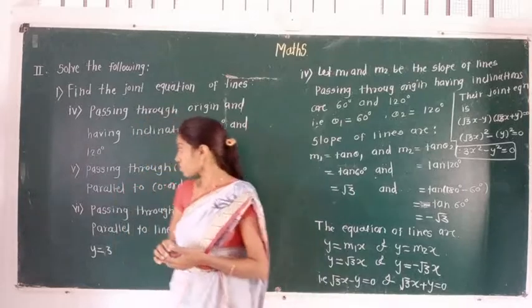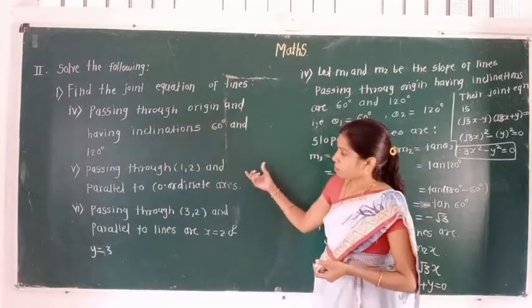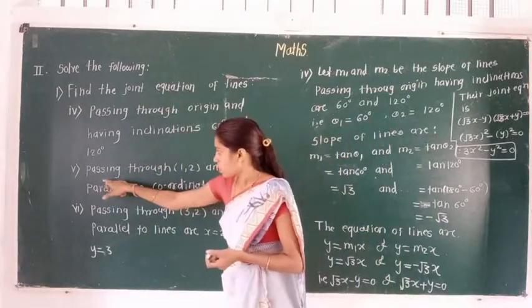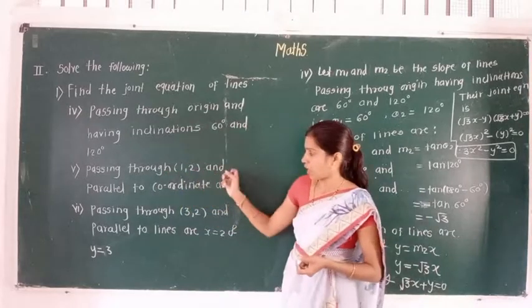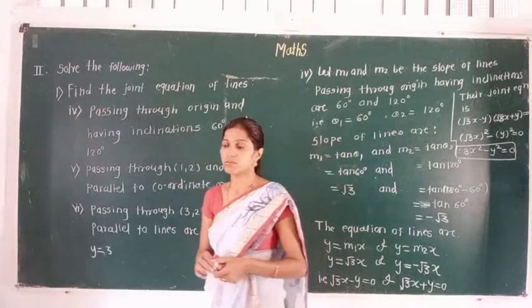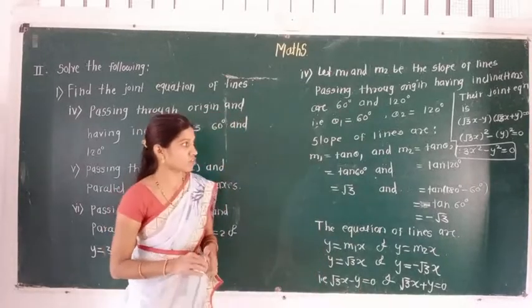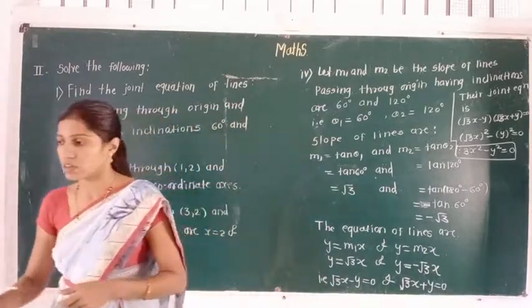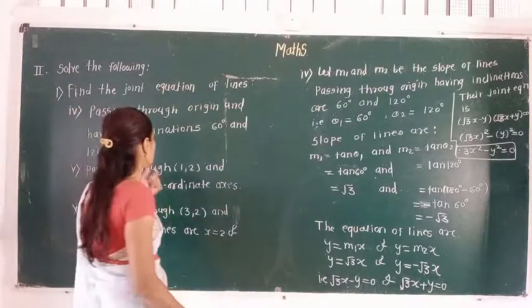Okay, now let's see example number 5. The lines pass through the point (1, 2) and are parallel to the coordinate axes. First of all we have to find the equation of the lines.